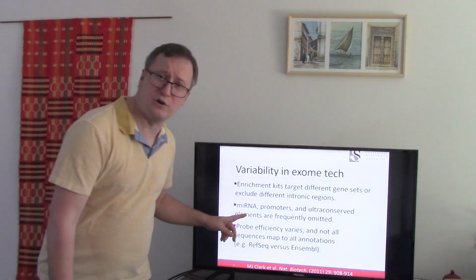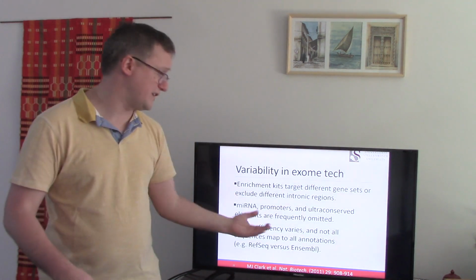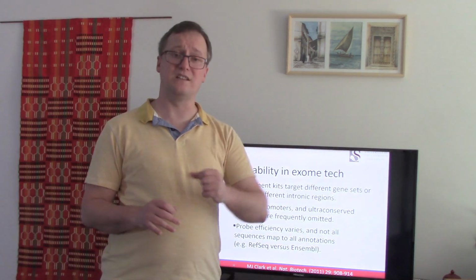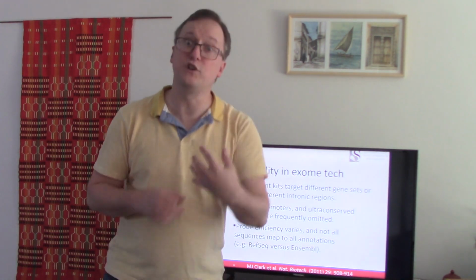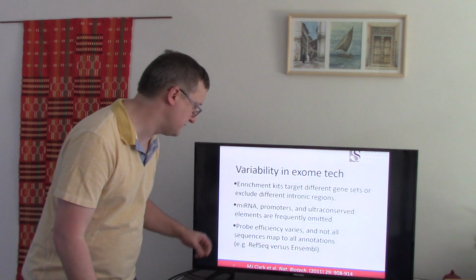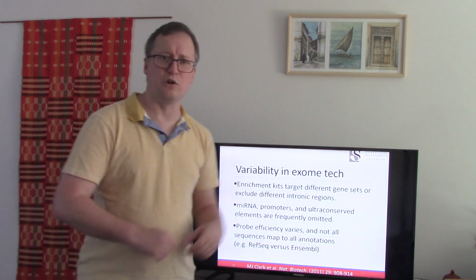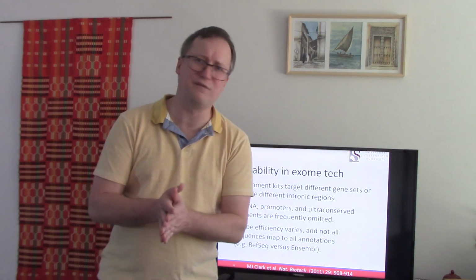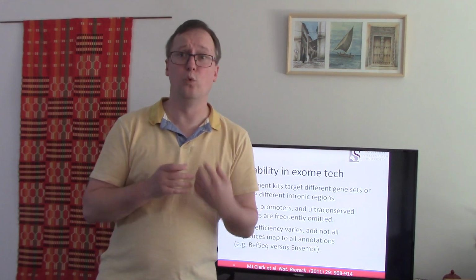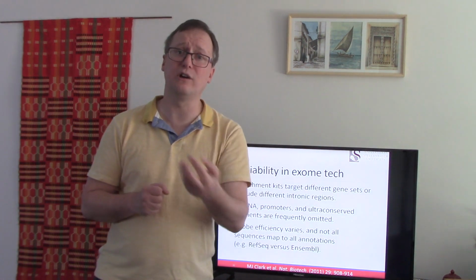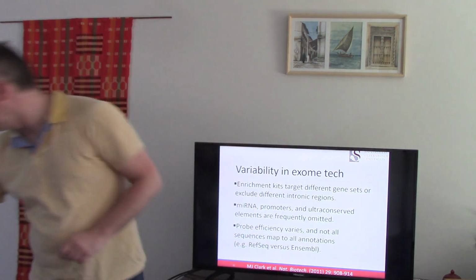It might be that you're interested in microRNA or promoter sequences or ultra-conserved elements. It's frequently the case that these capture kits will not include features of that sort within the set. And probe efficiency can vary as well. It may be that you're grabbing out some sequences that don't in fact map to the annotation in the end. So it's really worth understanding which capture reagents are going to help you see the particular genetic regions you're interested in.